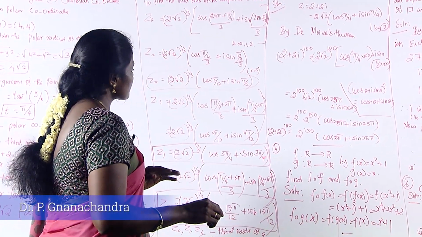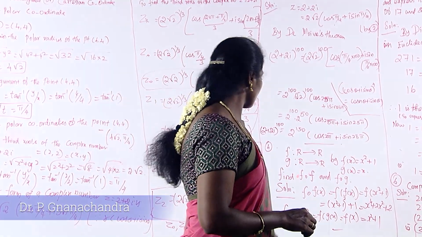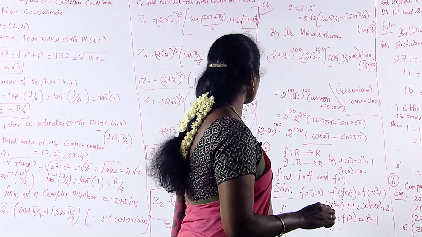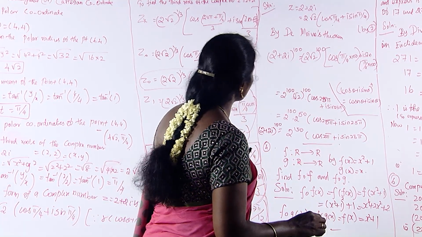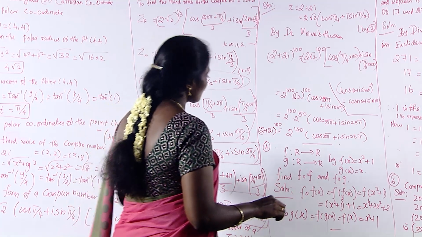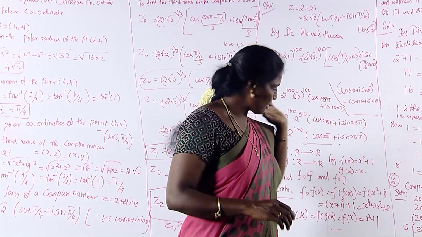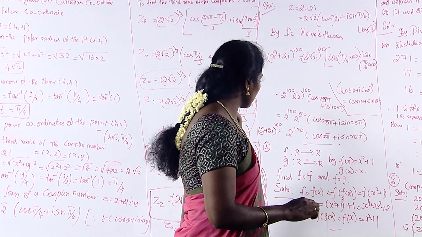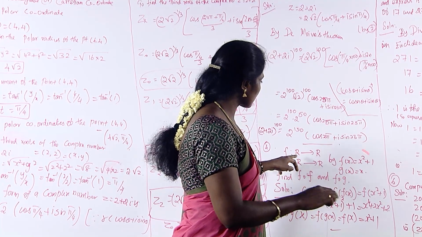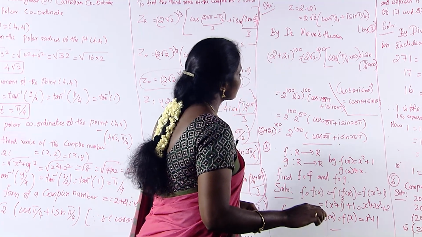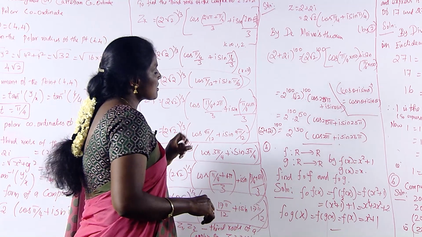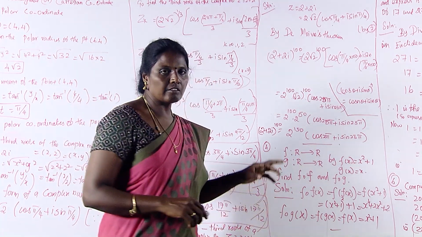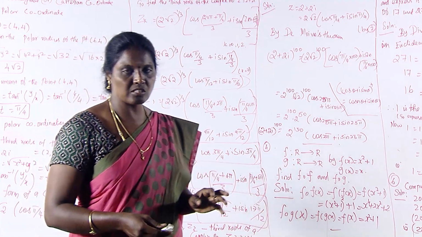And the fourth one, this is another example in composition of functions. There are two functions, f is a function from R to R and g is a function from R to R. Both the functions have the same domain and codomain. And f is defined by f of x equal to x square plus 1 and g of x equal to x. This is the usual routine to find out the value of f composite f as well as f composite g.